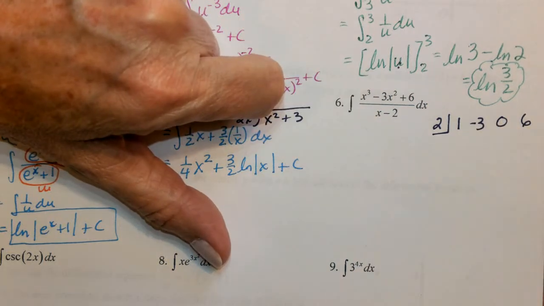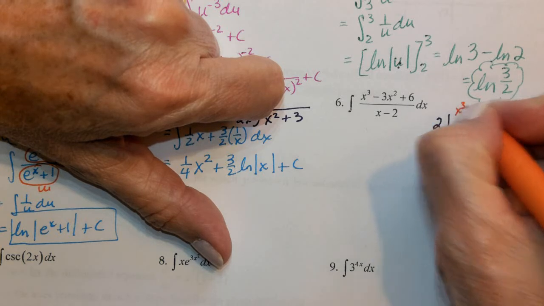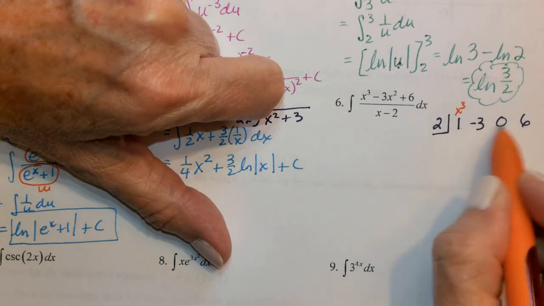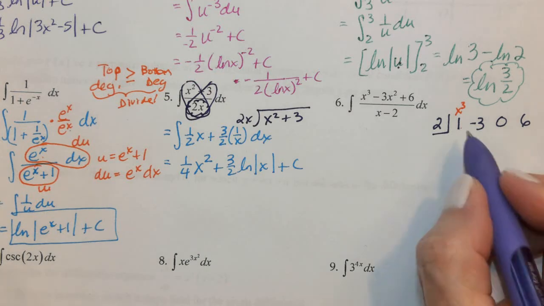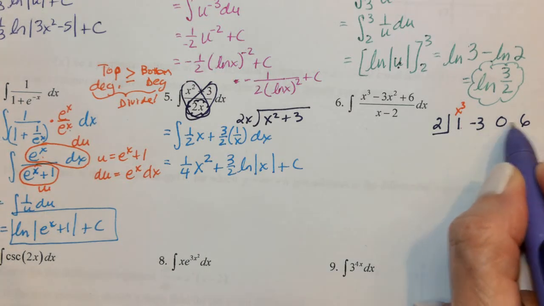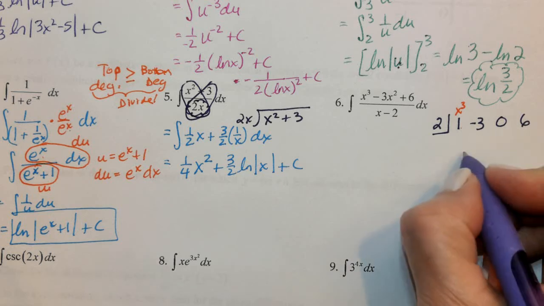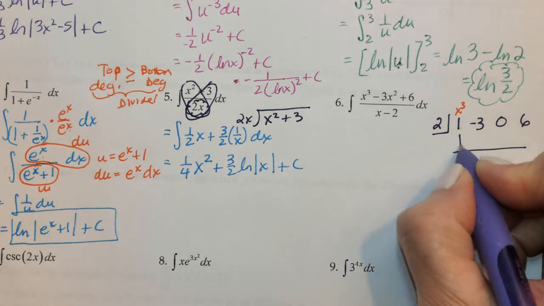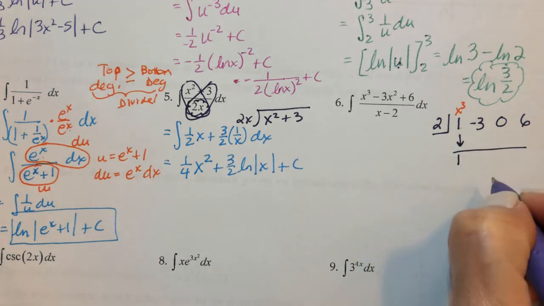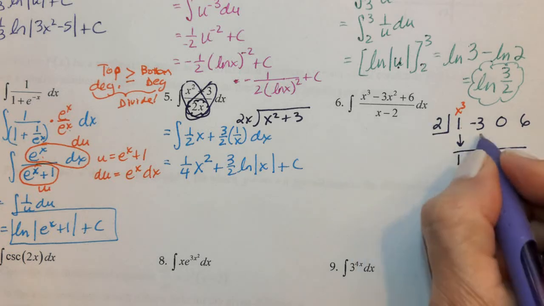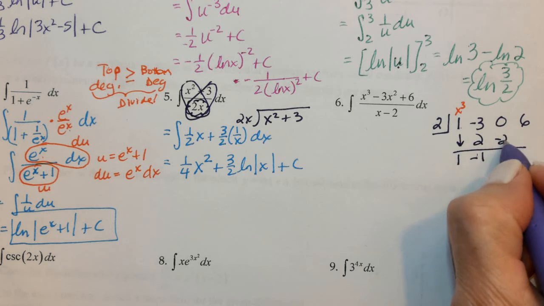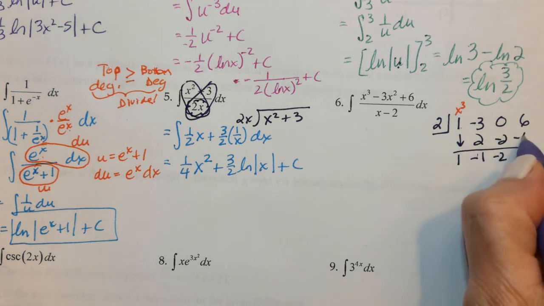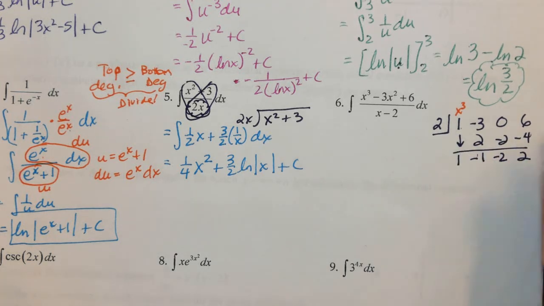Remember, if you have an x cubed, you're going to have 4 terms here, 4 coefficients. 1 for the x cubed, 1 for the x squared, 1 for the x, and 1 for the constant. All right, bring down your first coefficient, multiply, and add. Multiply, and add, multiply, and add.